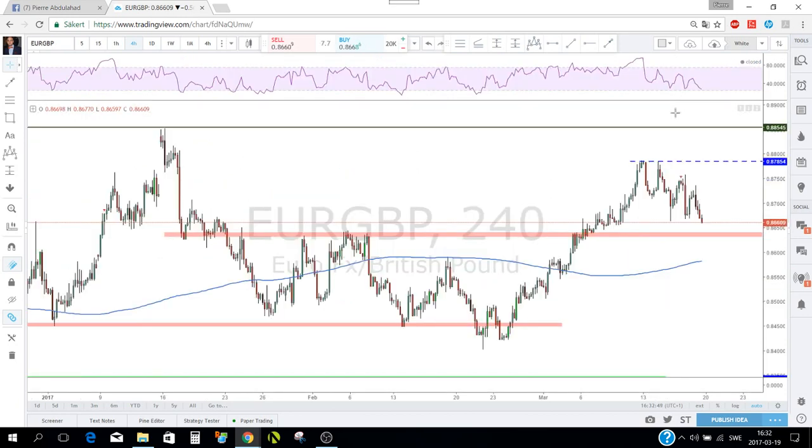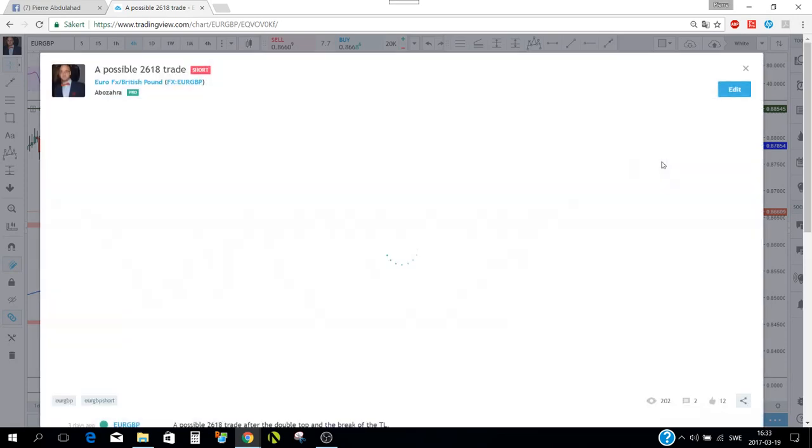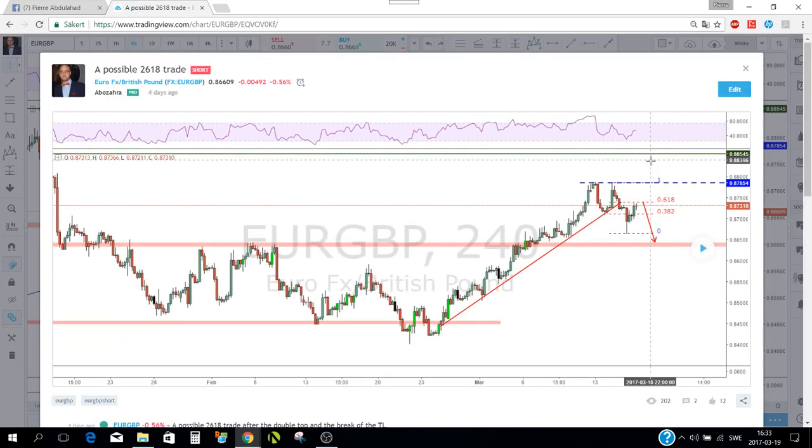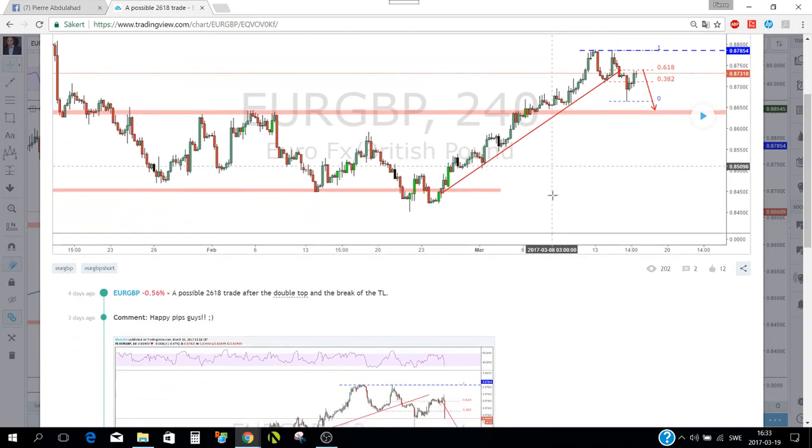Let's look at Euro British Pound. And this did a very good move. We had a very good 2618 trade. Those of you who follow me on TradingView maybe did see this idea that I published.